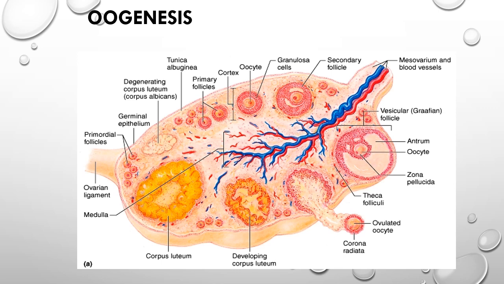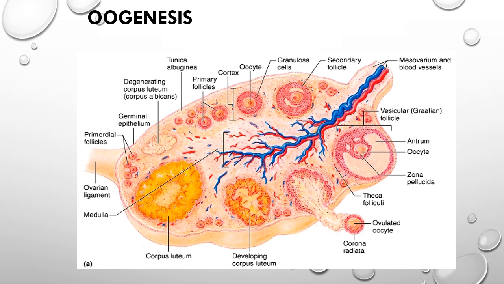Here you can see the primary follicle. What is a primary follicle? When a primary oocyte is surrounded by a single layer of follicular cells, we call it a primary follicle. Here you can also see the secondary follicle. What is a secondary follicle?